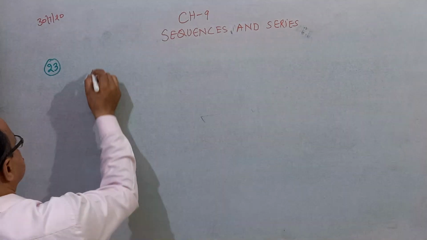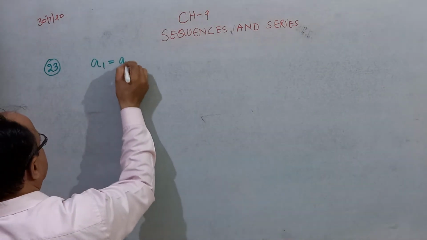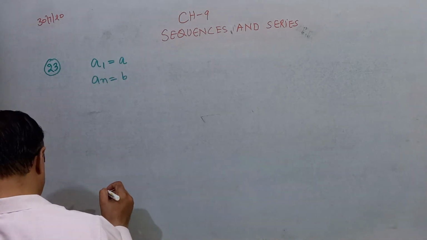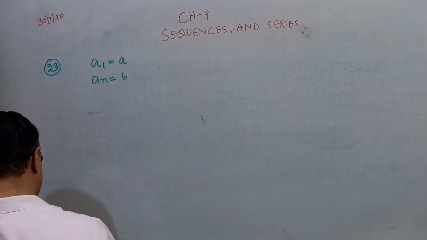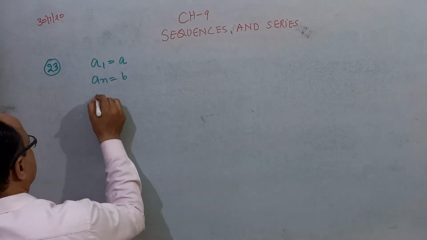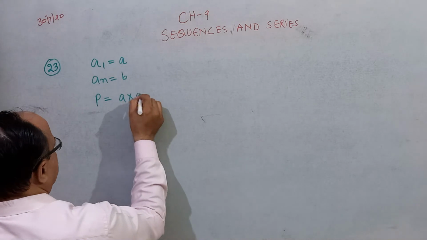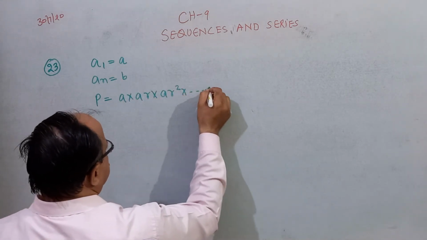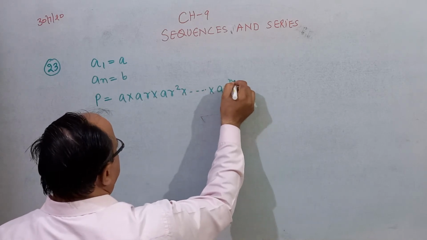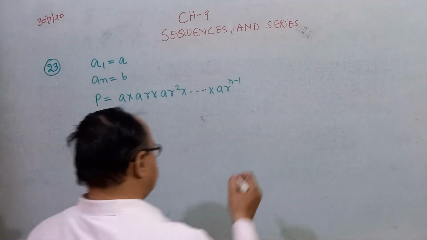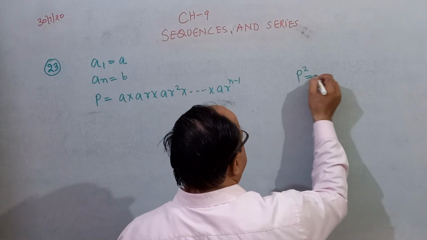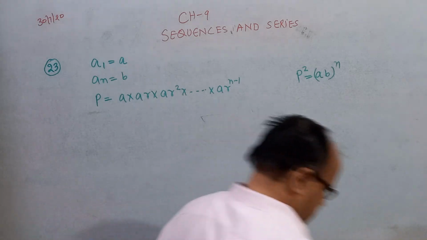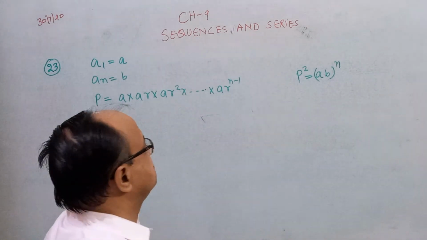If the first term is A and the last term is B of a GP, and P is the product of n terms, A into AR, AR square, up to A R to the power n minus 1, prove that P squared is equal to (AB) to the power n. This is the question.